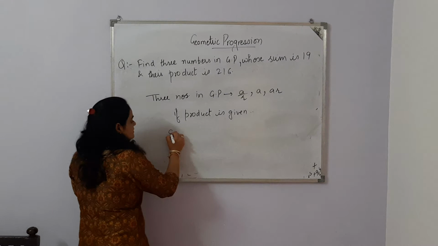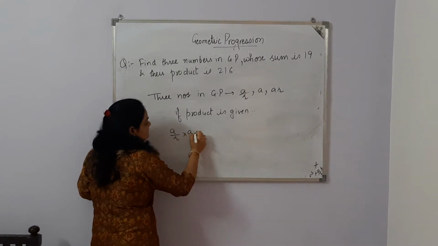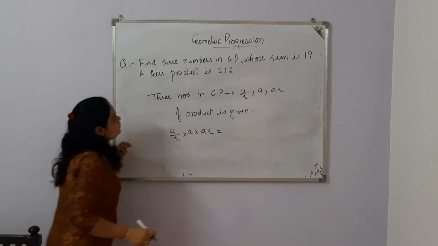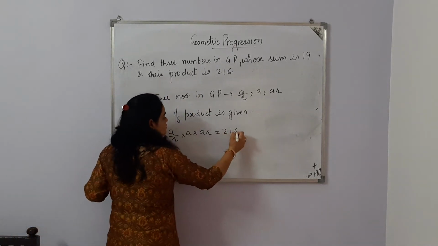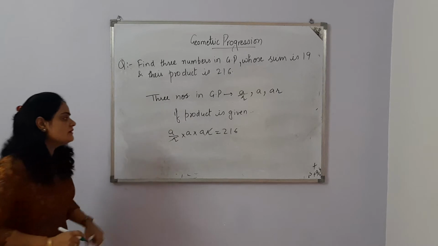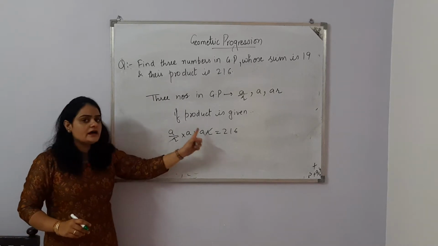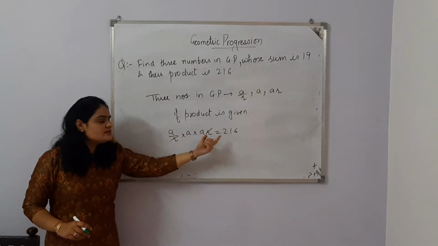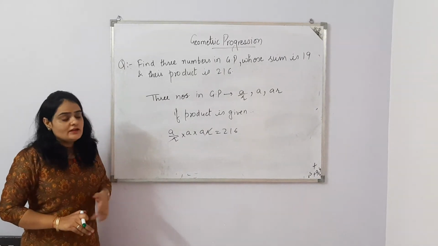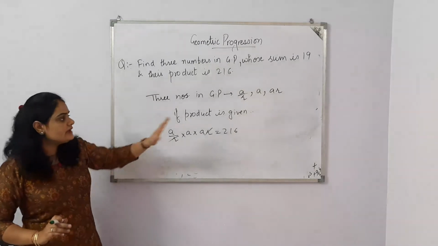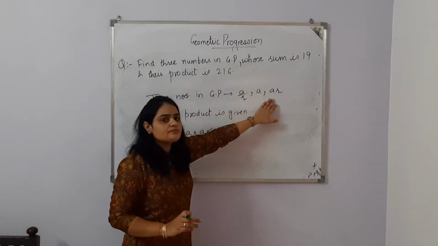Because whenever the product is given in the question, even in this question the product is given, which is 216. If the product is A by R times A times AR, you are watching that R cancels out with R, so here we have A cube is equal to 216. That means we can directly find the value of A. So it reduces the calculation if we take these three numbers A by R, A and AR.